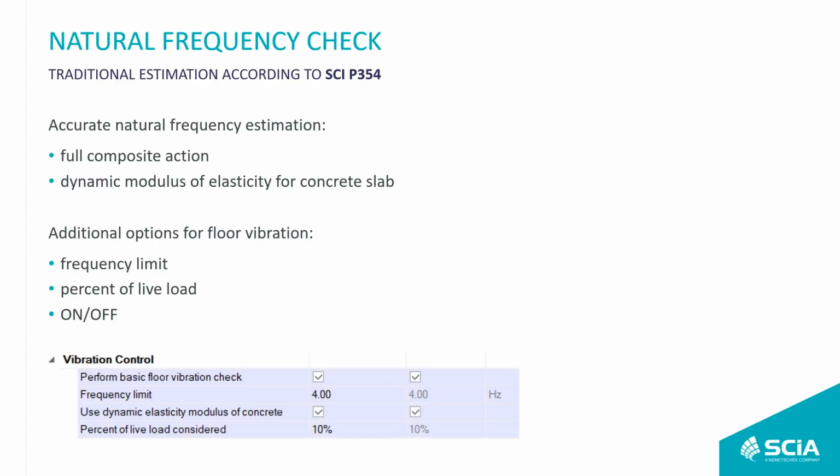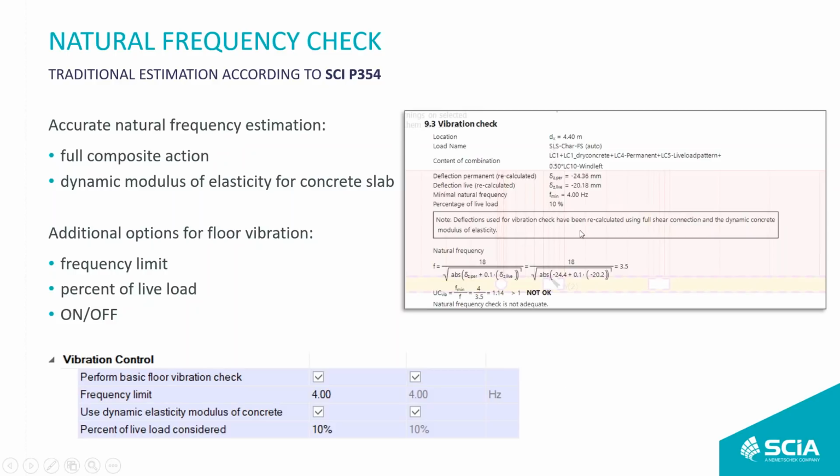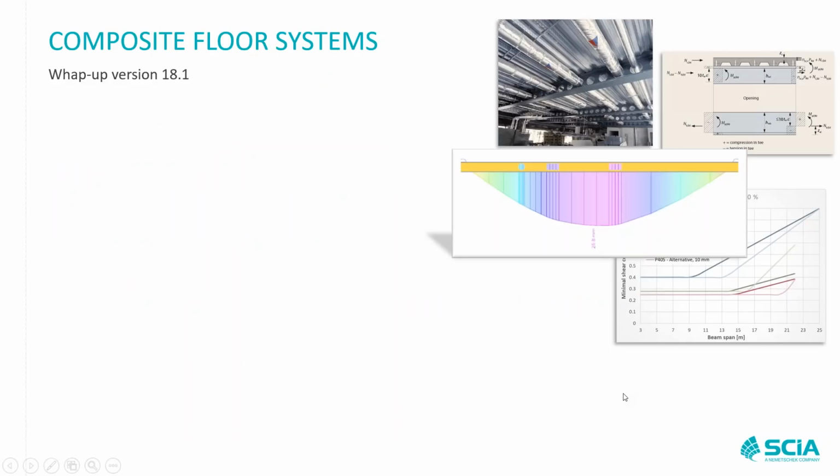So this you can change in the composite setup. And you can also switch the vibration check off altogether if you are not interested in it. Here is the output of the vibration check. Here you will find all of the recalculated deflections, taking into account full composite action and dynamic modulus of elasticity.